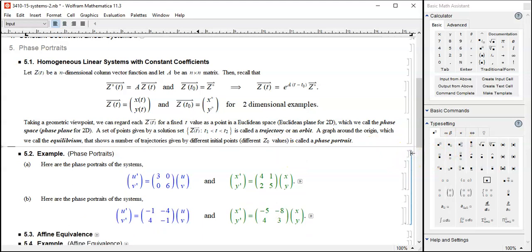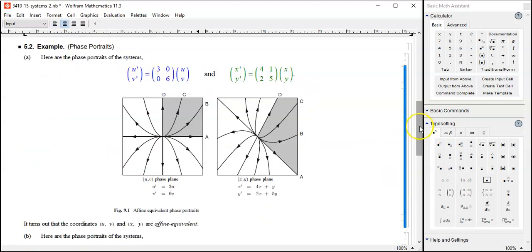Now, a graph around the origin, which we call the equilibrium, by the way, again for historical reasons, that shows a number of trajectories given by different initial points is called a phase portrait. Let's go back to the example here.